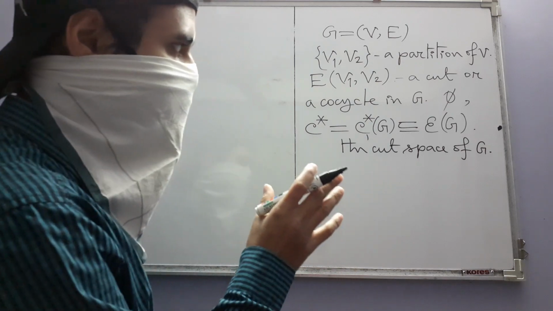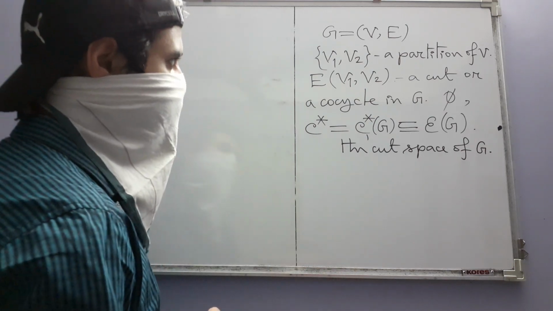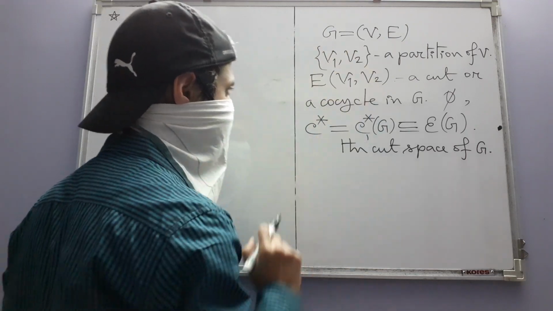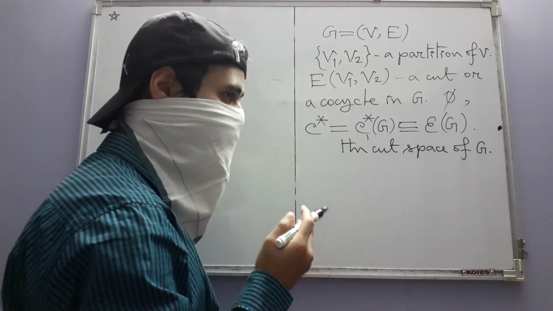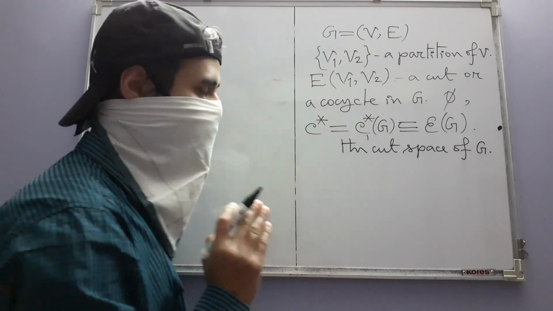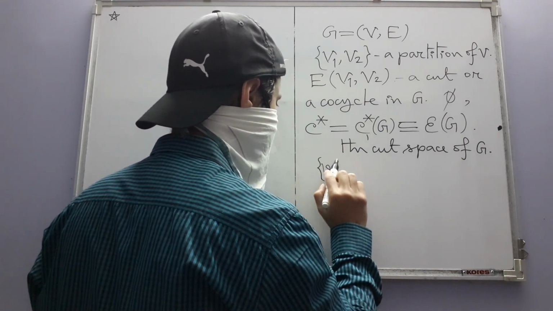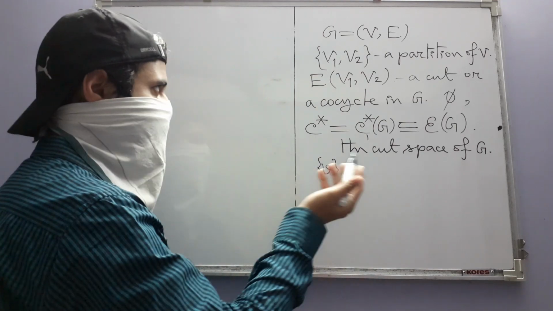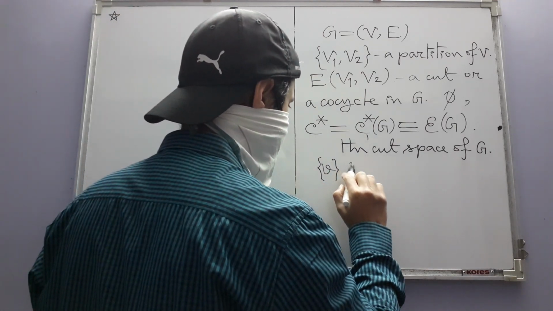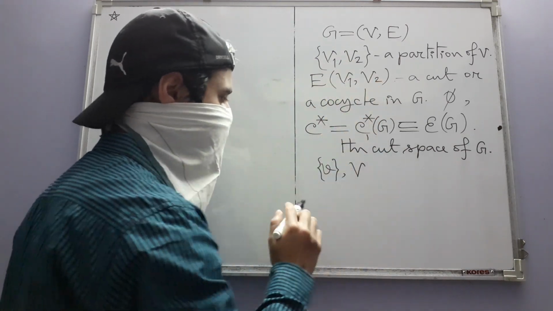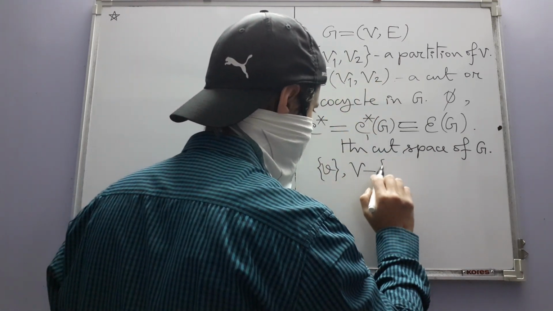And we have seen something else also, namely that if one of these partition sets is a singleton set, that is, it has only one vertex, then the other of course will be its complement.